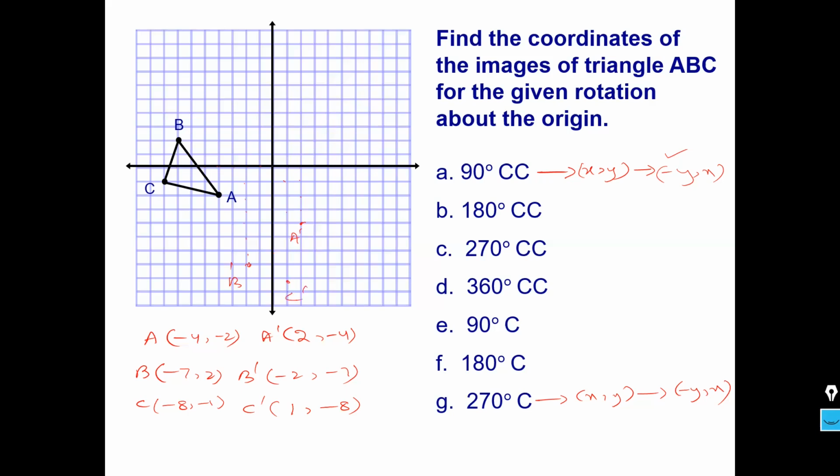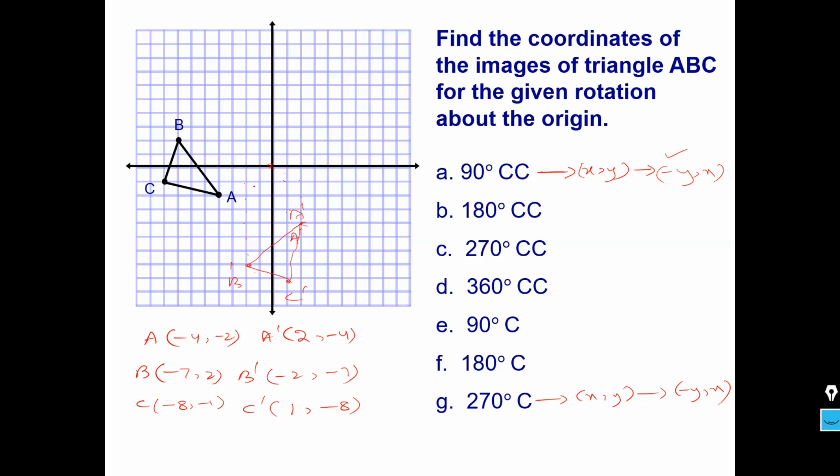So we join these points, right? So it is A dash, B dash, and C dash, rotated 90 degrees counterclockwise and 270 degrees clockwise from the origin, and we can check as well.